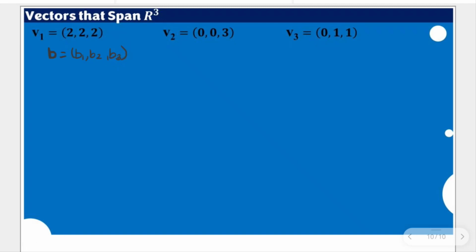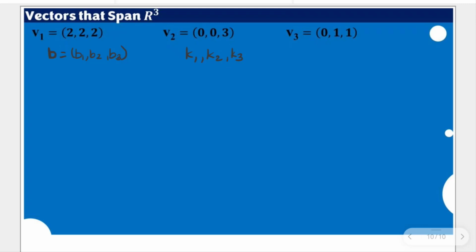When we say that the three vectors form a linear combination of the b vector, this would mean we are also going to look for the possibility for the values of k sub 1, k sub 2, and k sub 3 to exist.